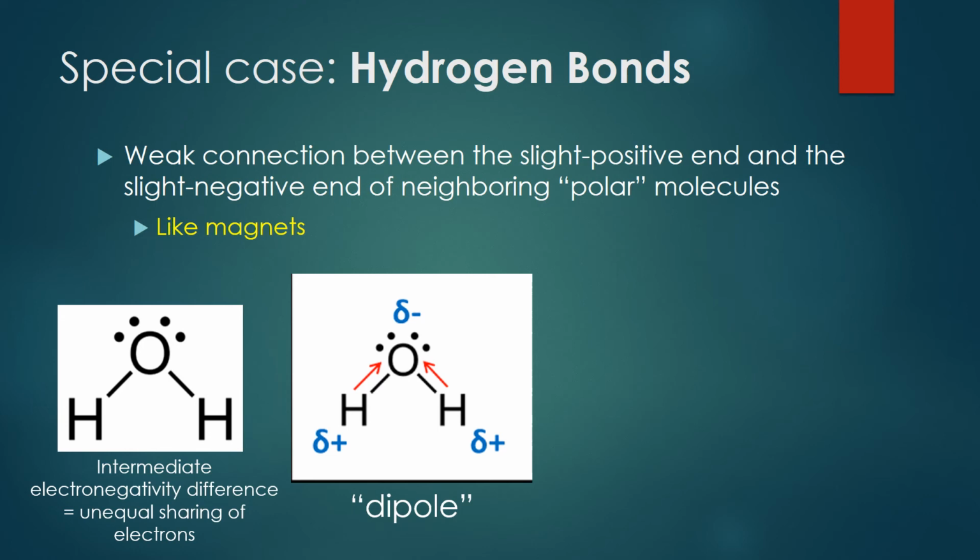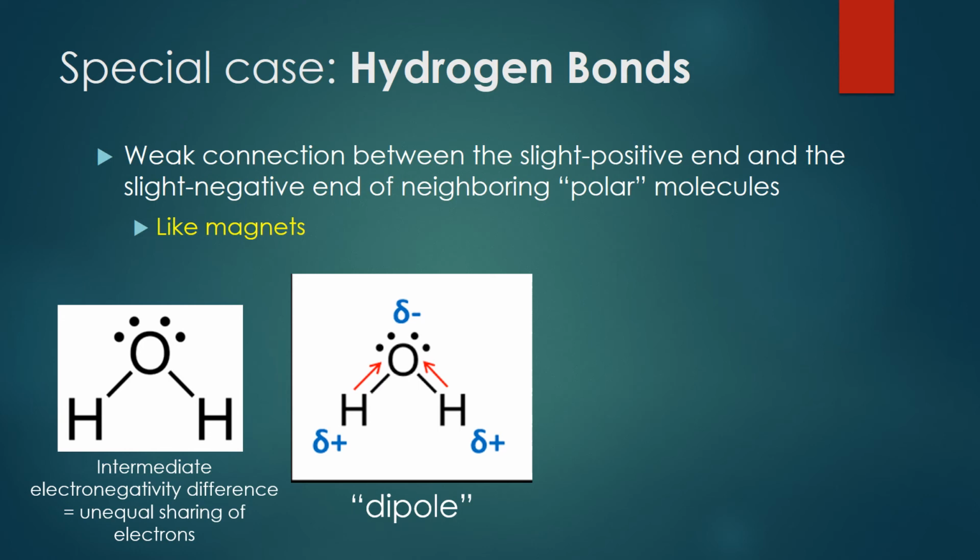So notice the slight negative charge on the oxygen side. Whereas if we look on the opposite side where the hydrogens are not as strong in the tug of war over those shared electrons, they're giving up their electrons partially, and that creates a partial positive charge on the hydrogen side of the water molecule.